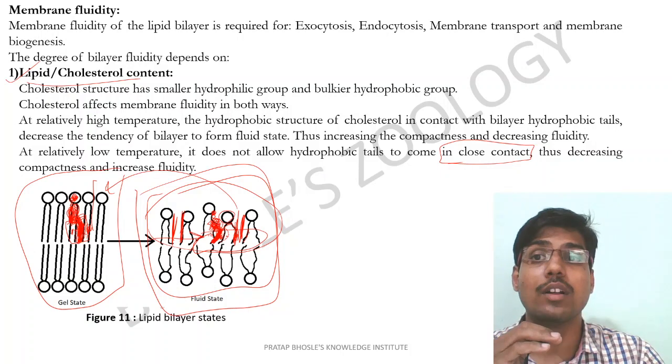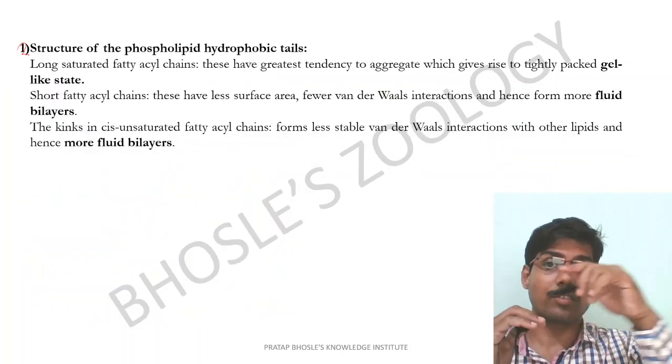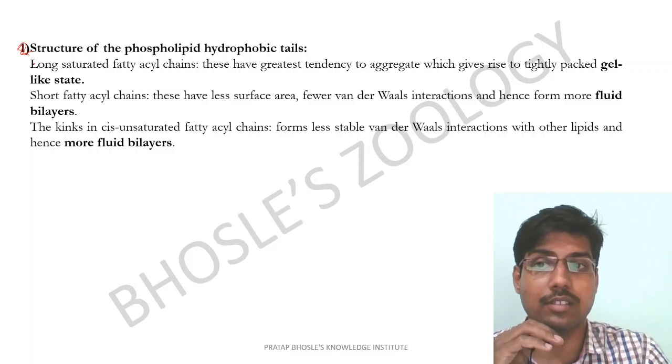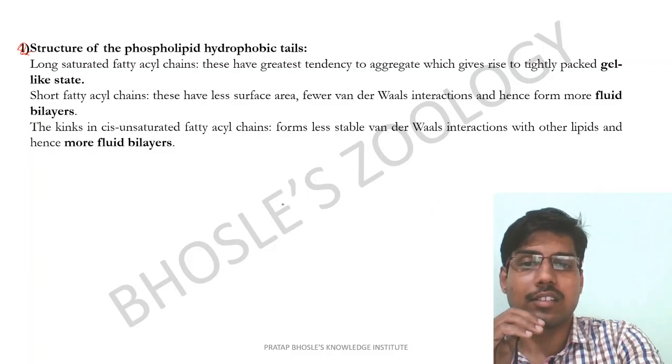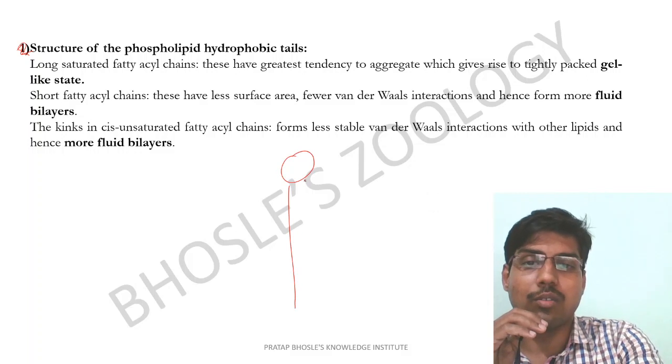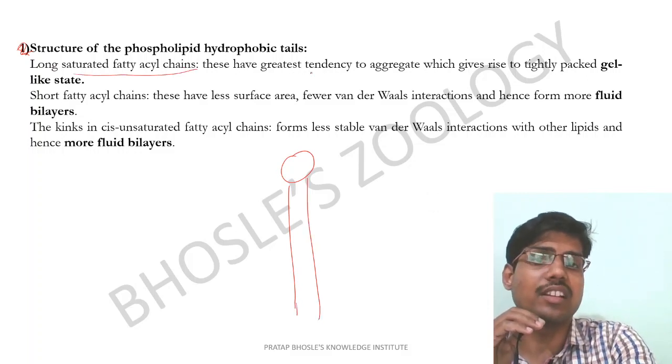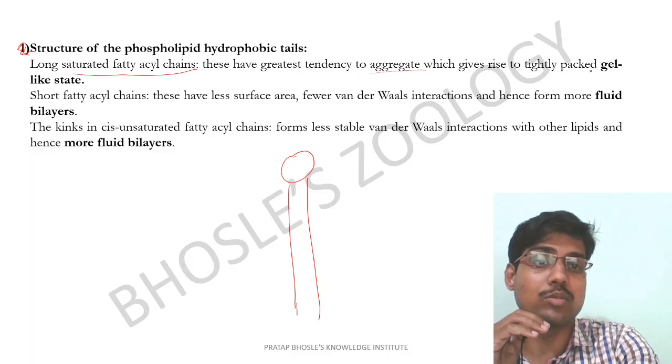Okay, so now let's see the second part, that is the structure of the phospholipid hydrophobic tails. How does it affect? If it has long saturated fatty acyl chains, these have the greatest tendency to aggregate, which gives rise to a tightly packed gel state.